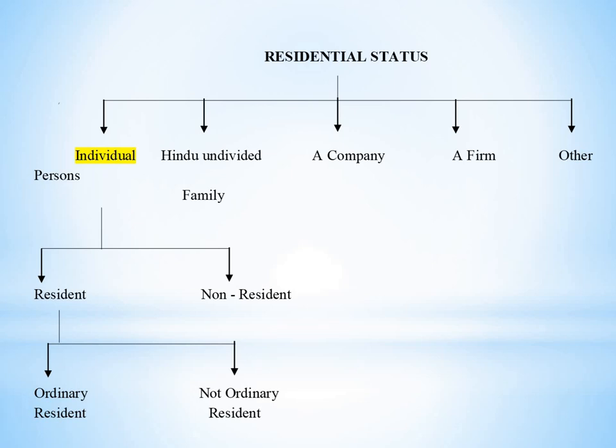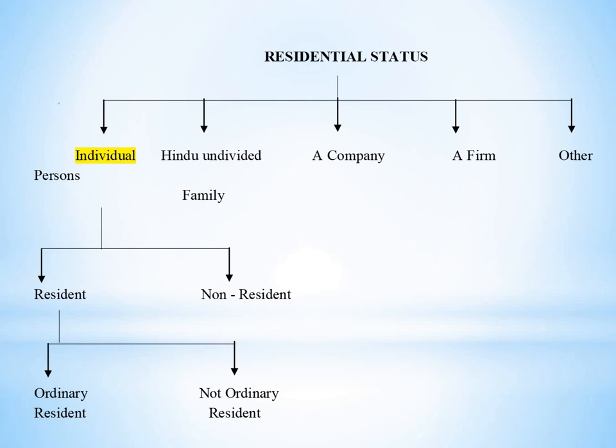An individual is a person. One who pays a tax is an assessee, and we check whether that person has fulfilled or satisfied the conditions given by the income tax department of our country. If it is an individual, he has to be resident or non-resident.